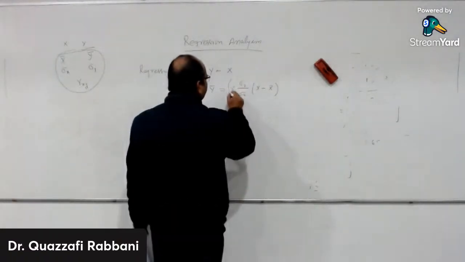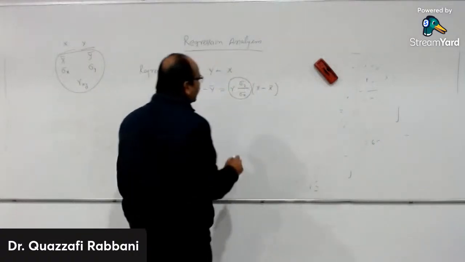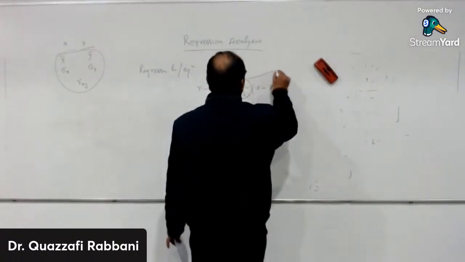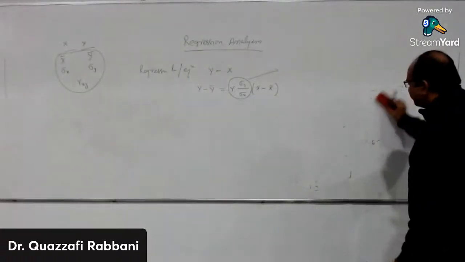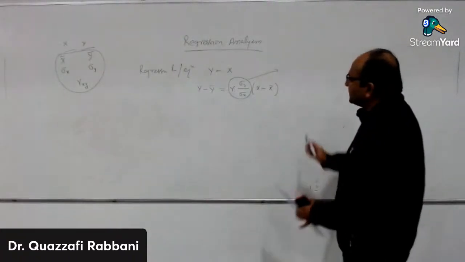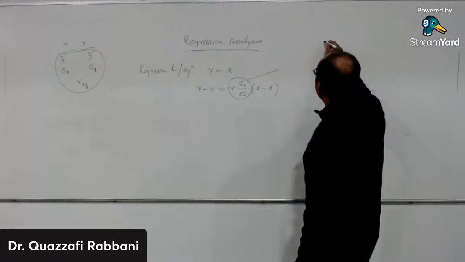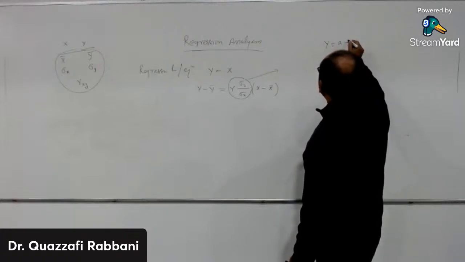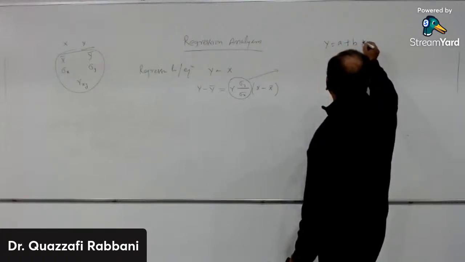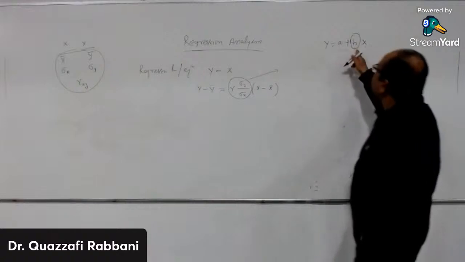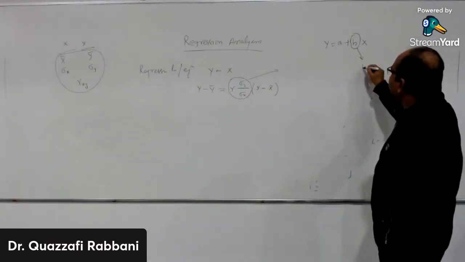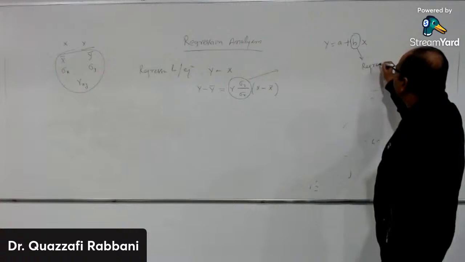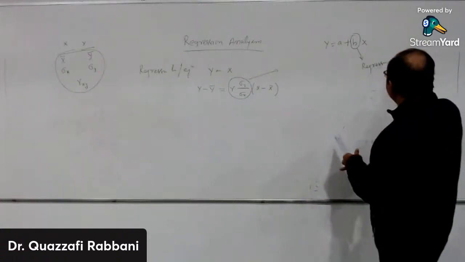And this term is known as the regression slope. What we have seen in the earlier equation, y is equal to a plus bx, in that case b is the slope, and this slope is also known as the regression coefficient.